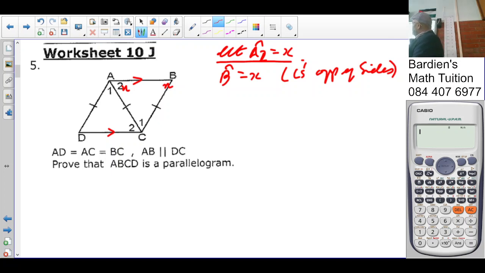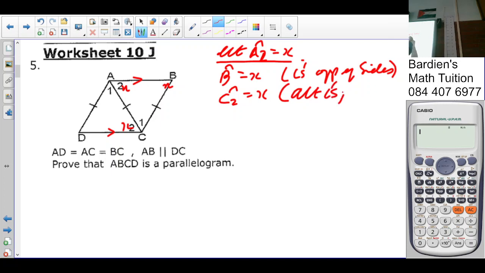So if B is equal to x, which other angle is equal to x? C2, why? Alternate angles, with AB being parallel to DC.